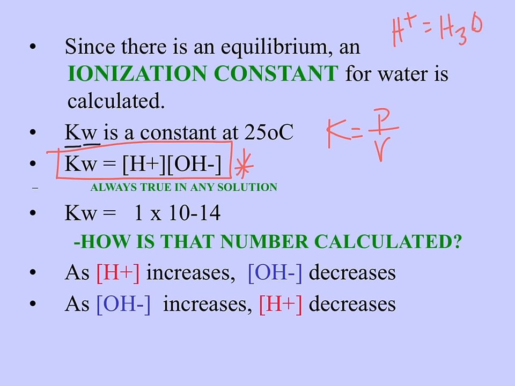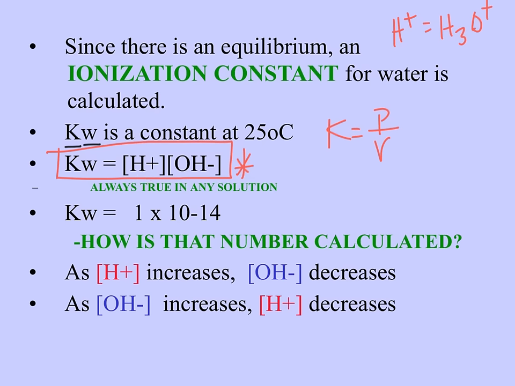They are equivalent to each other. So those were found on your product side, and then over the reactants were two water molecules. But remember, those water molecules were in the liquid state, and we do not include solids or liquids in the equilibrium expression. So that's why it's just the concentration of H plus times the concentration of OH minus.